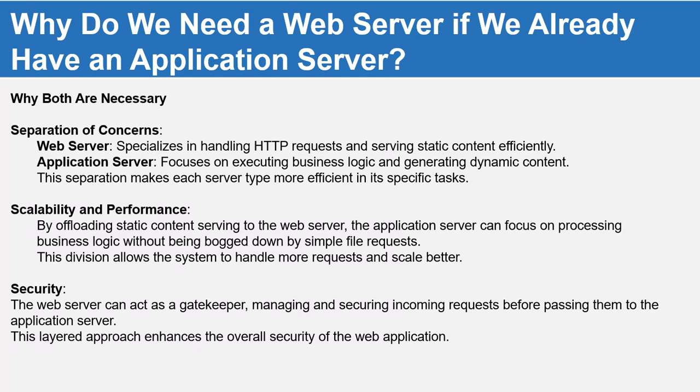This separation makes each server type more efficient in its specific task. Then scalability and performance: by offloading static content serving to the web server, the application server can focus on processing business logic without being bogged down by simple file requests. This division allows the system to handle more requests and scale better.